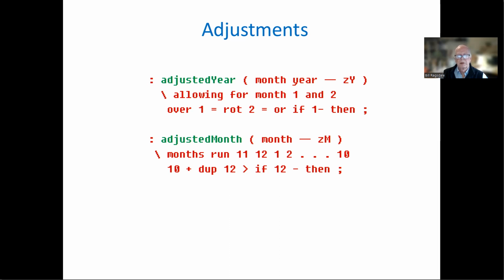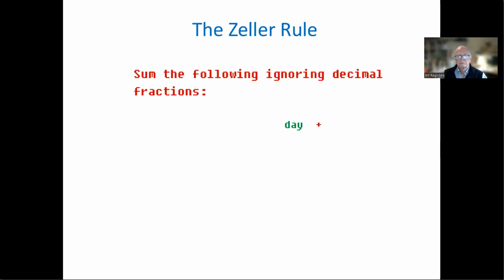So for January, February, 1 is subtracted from the year, and we get the Zeller year. To adjust the month, it's a little less obvious, but what I worked out was to add 10 to the month and compare it to 12. If it's greater than 12, then subtract 12. And miraculously, that does the proper adjustment.